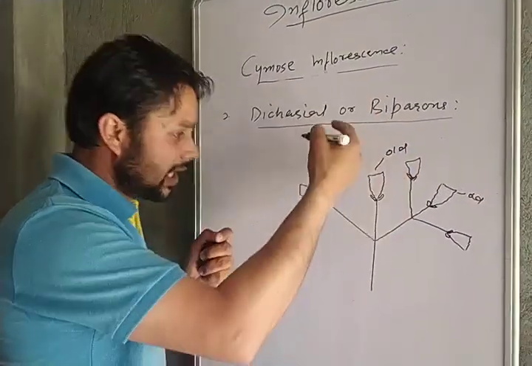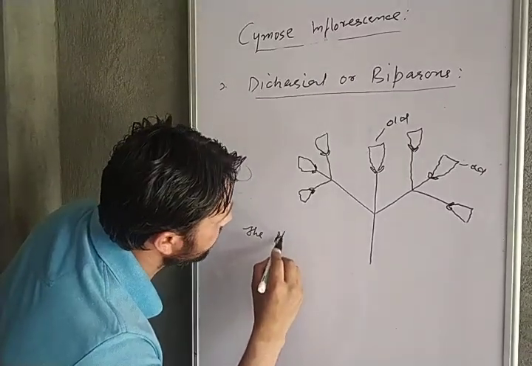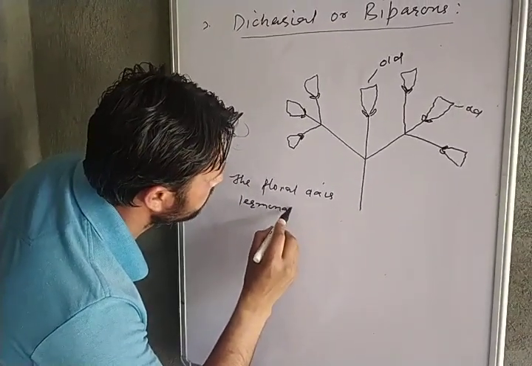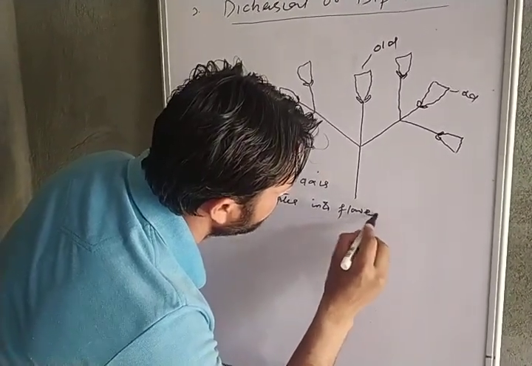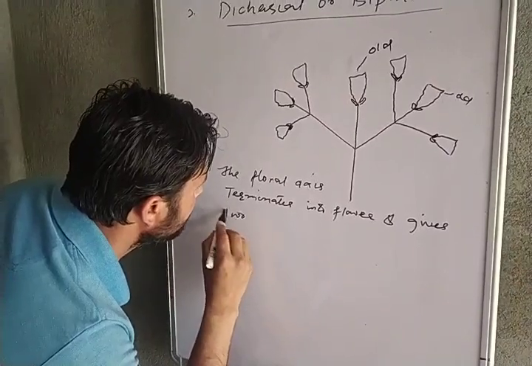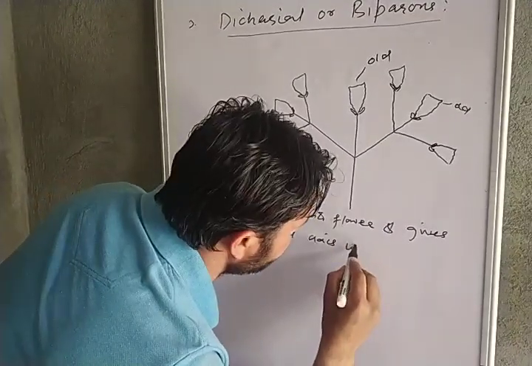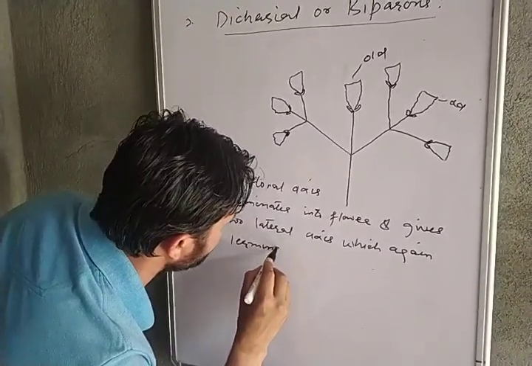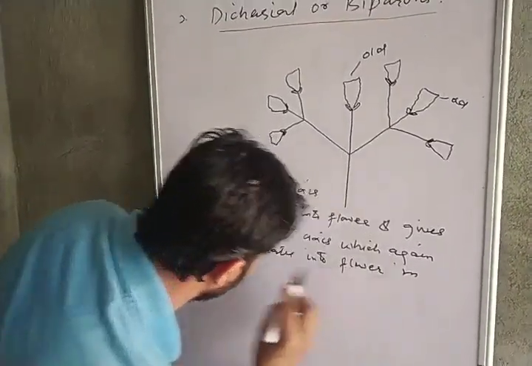If we write, we can say here: the floral axis terminates into a flower and gives two lateral axes, which again terminate into flowers in a basipetal manner.